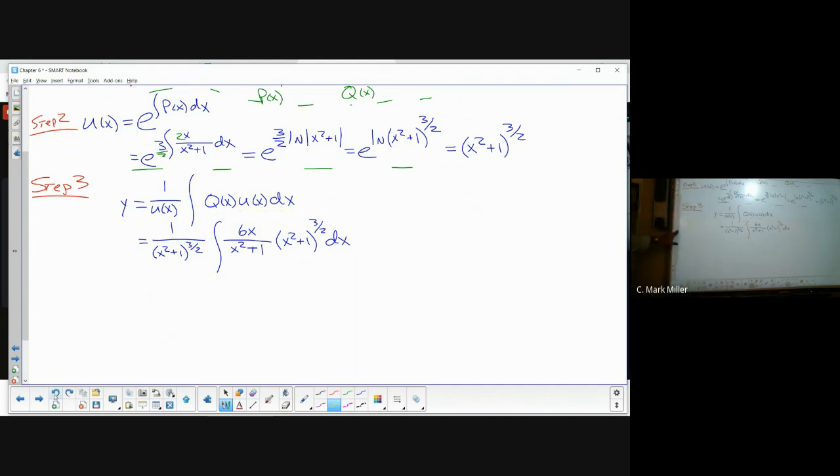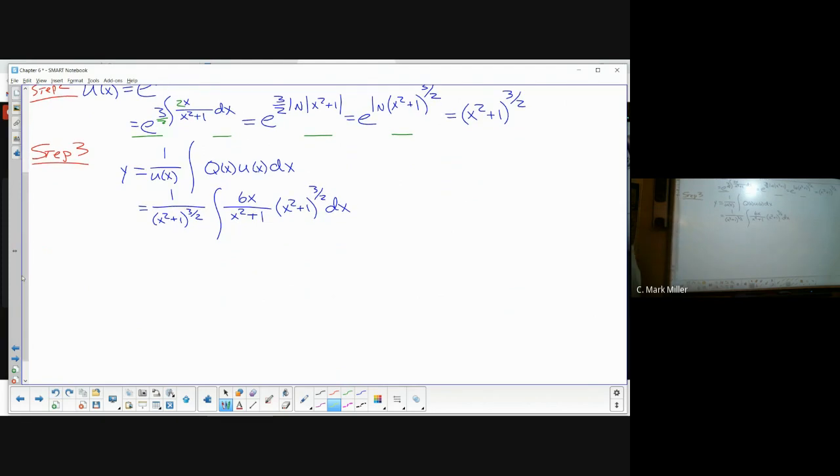So we've got to be able to perform this indefinite integral. The first thing I would see is that this is x squared plus 1 to the first, and that's x squared plus 1 to the 3 halves, so that entirely cancels with that. Leaves a 1/2 there. And we're ready for a pop quiz.